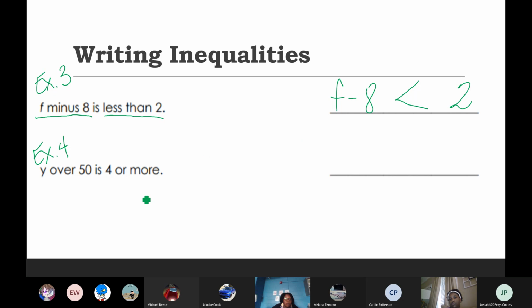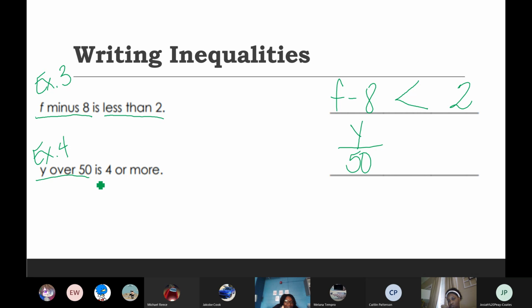Example 4, y over 50. I'm glad I chose this example because I want you to make sure when you see that y over 50, that's what that looks like. It's talking about putting it over a fraction bar. And what operation does this mean? Can someone come on the mic and let me know? Division. Y divided by 50 is 4 or more.